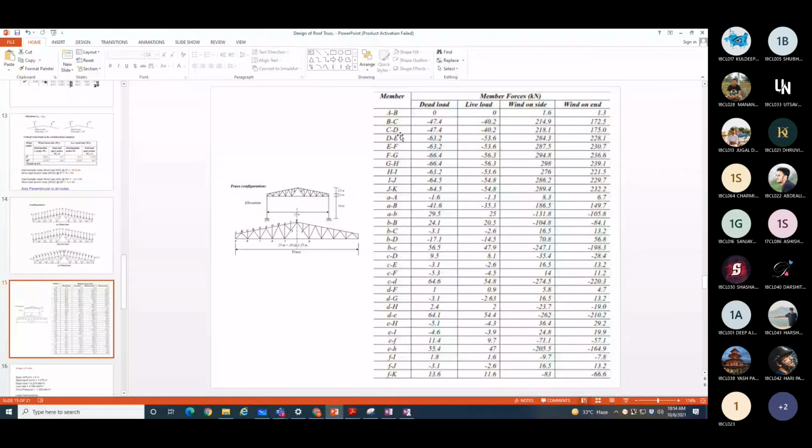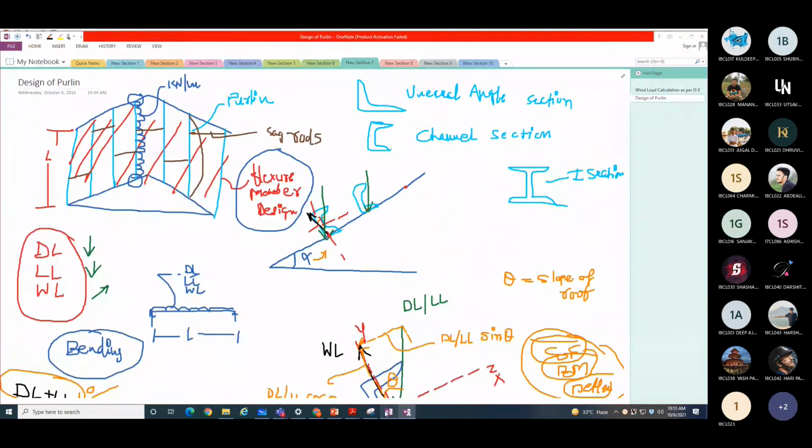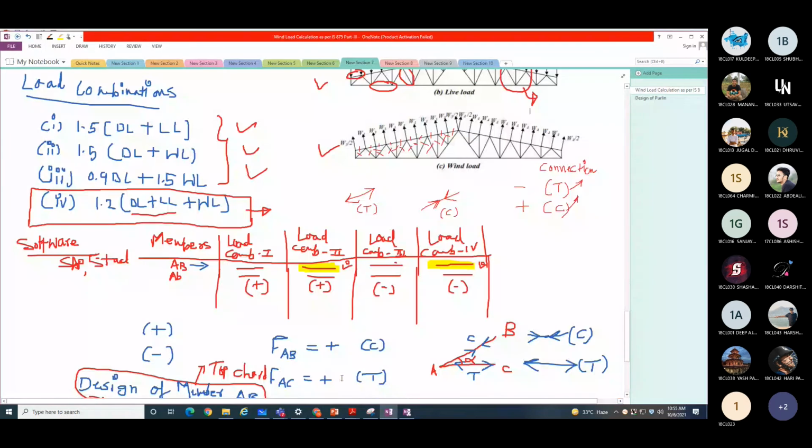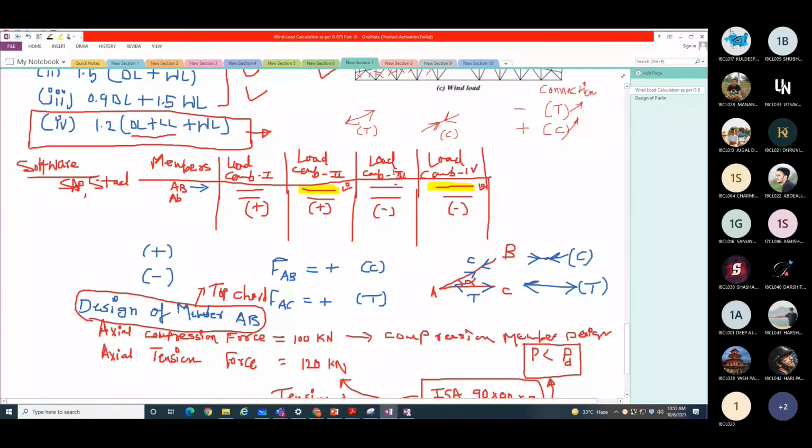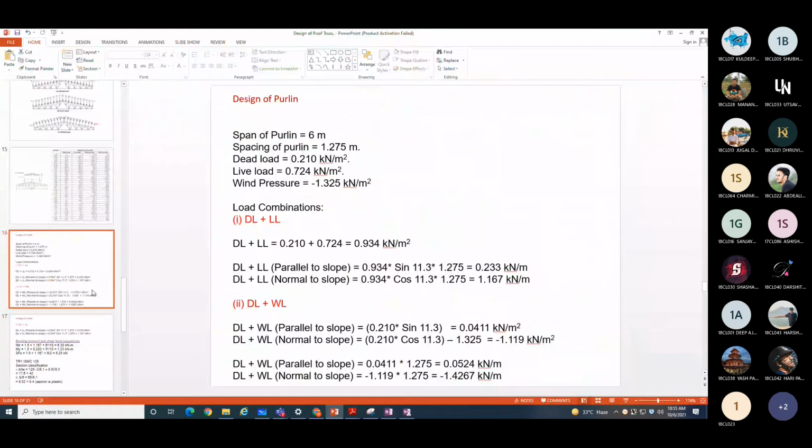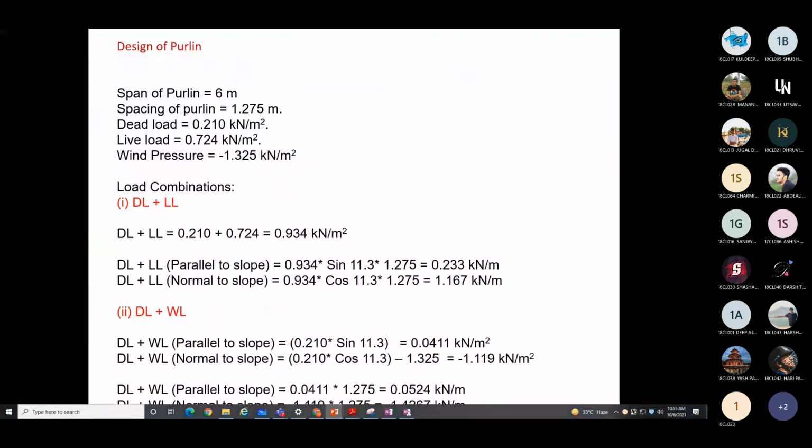BC member, DE member, all these members I have dead load forces, live load forces, wind load forces. Then after, I can do the load combination. I have just discussed how to do load combinations over here. Then you are required to make this type of table and do the design. So we are not going into that part. Directly we will start with the design of purlin.